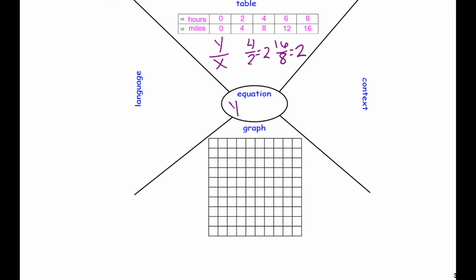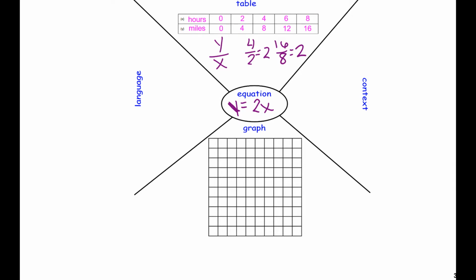So then for the equation, I can jump there. My equation is going to be y equals 2x. If you think about the table in the context, it has to be something that is going up by 2 each time. We're kind of given a context because we're told that there's hours and miles. So whatever we're talking about, it has to say something about hours and miles. So it could be something that for every hour, you're going 2 miles.